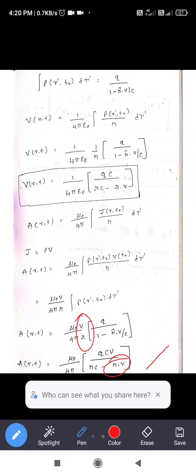Keep it in your mind: capital V is the potential, and small v is the speed of the charge. Next we move on to the next page.